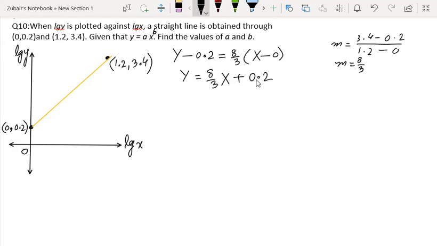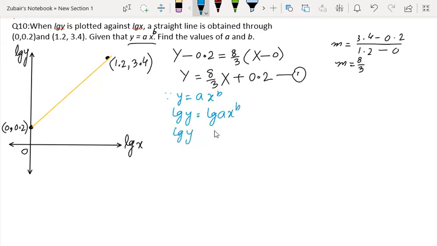Now the given equation was y equal to ax power b. We can name this as equation 1. Because y is equal to ax power b, taking log on both sides, lg y is equal to lg of ax power b.